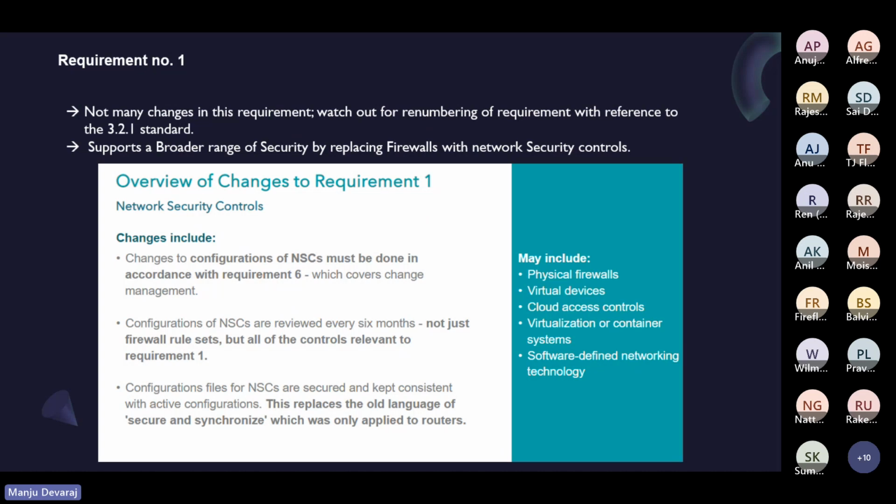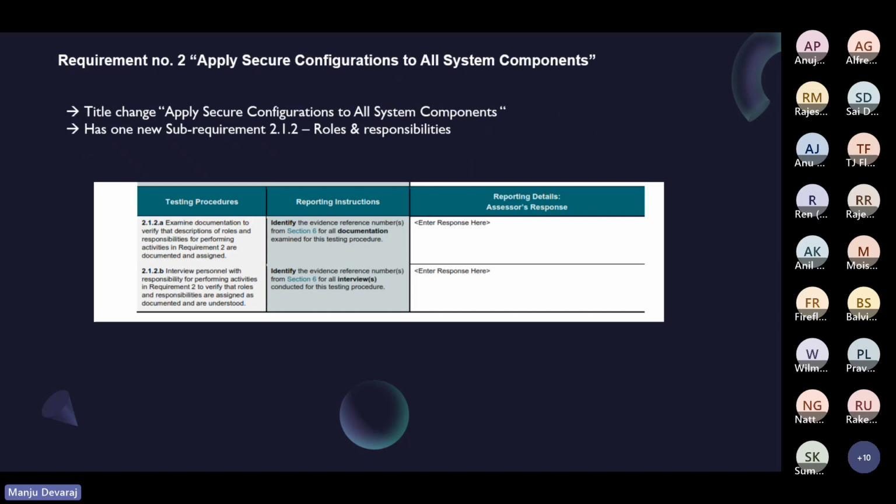The first control under every requirement, so the sub requirement such as 1.1 or 1.1.1 or 1.2, starts with roles and responsibility. Now they're making sure it's clearly defined everywhere, right? The example here, if you look at the title change, is apply secure configuration to all system components. Now the title has changed for requirement number 2. New sub requirement, see, there's a new sub requirement.